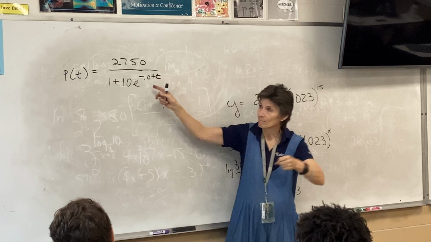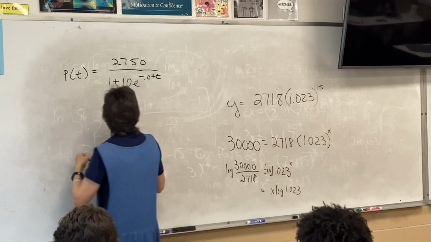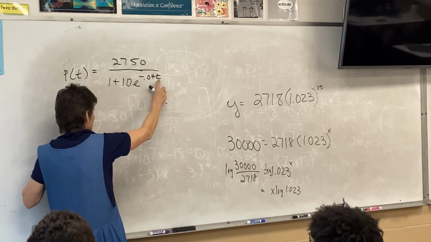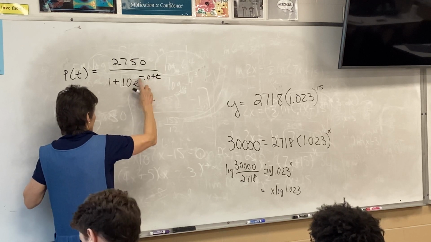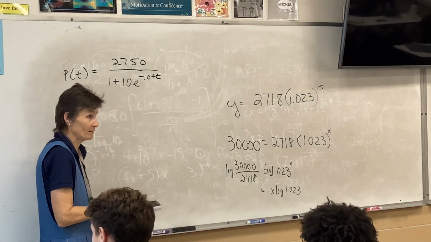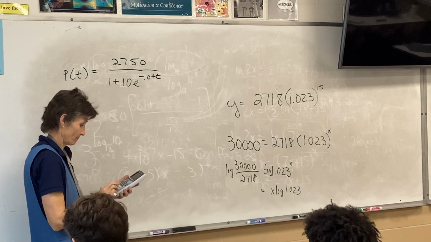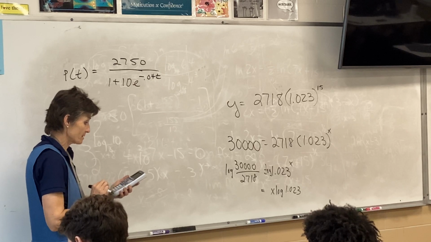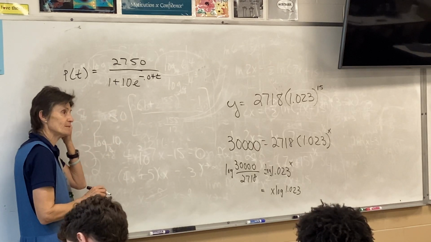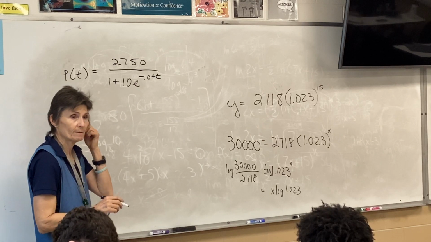That's the starting point. So what happens if you put 0 in here? If you put 0 in for t, it gets rid of all that, and you have 2750 divided by 11, which is 250. So the initial population of deer was 250.